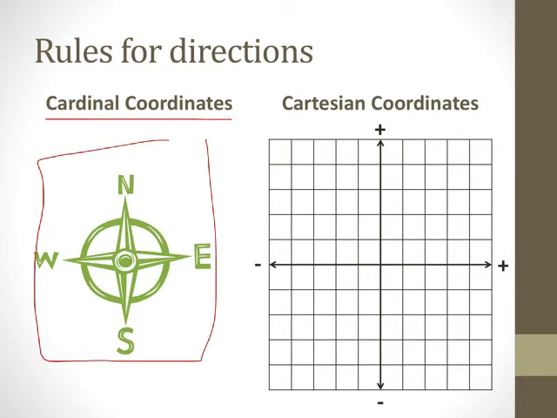Your Cartesian coordinates, however, are for if, say, you're moving an object along a grid, okay? So if you start in the center and your object moves here, alright, that would be a positive movement. Whereas if, say, instead you start in the center and the object moves to the left, that would be a negative movement. Down would be a negative movement.